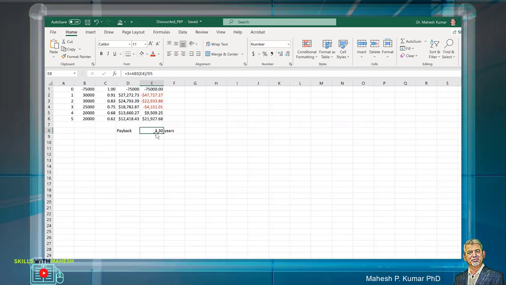But as I changed from 10% to 12% required rate of return, the answer changed from 3.3 to 3.51 years, right? So when the required rate is more, it takes more time to recover your investment. I have generalized one thing: in a way, we learned more than the book.